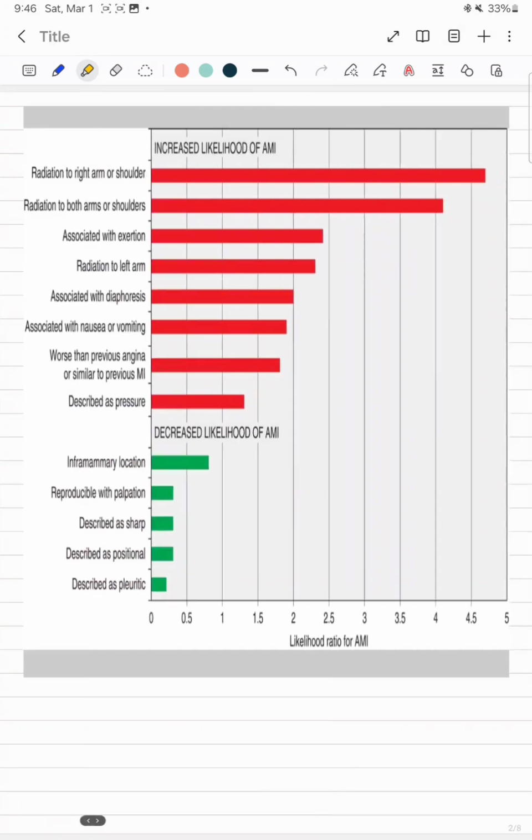And we will next see how to approach this chest discomfort. First of all, you should keep in mind that the most life-threatening causes should be addressed first. One of the important causes to be excluded is acute myocardial infarction.